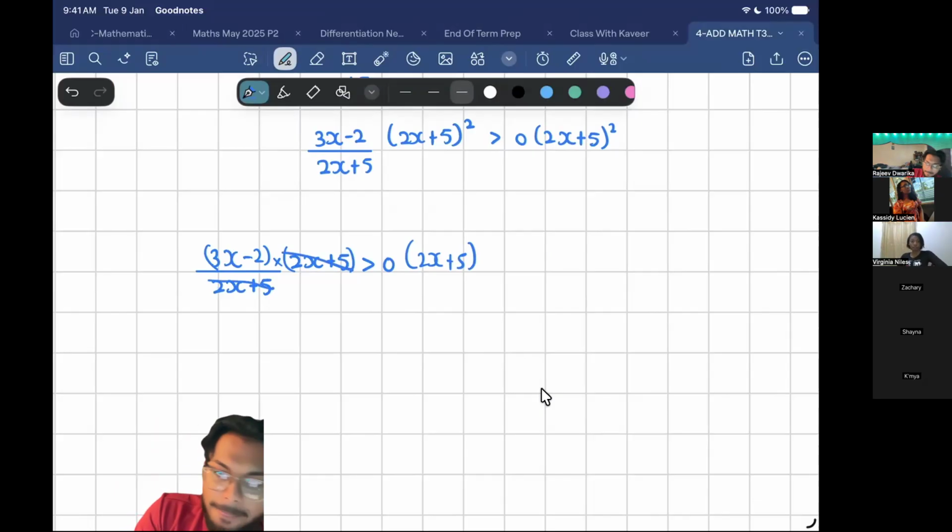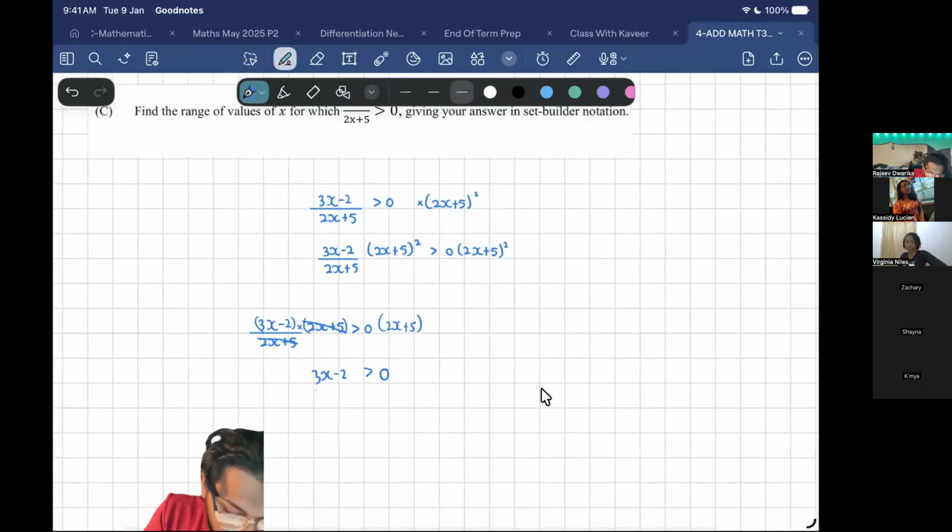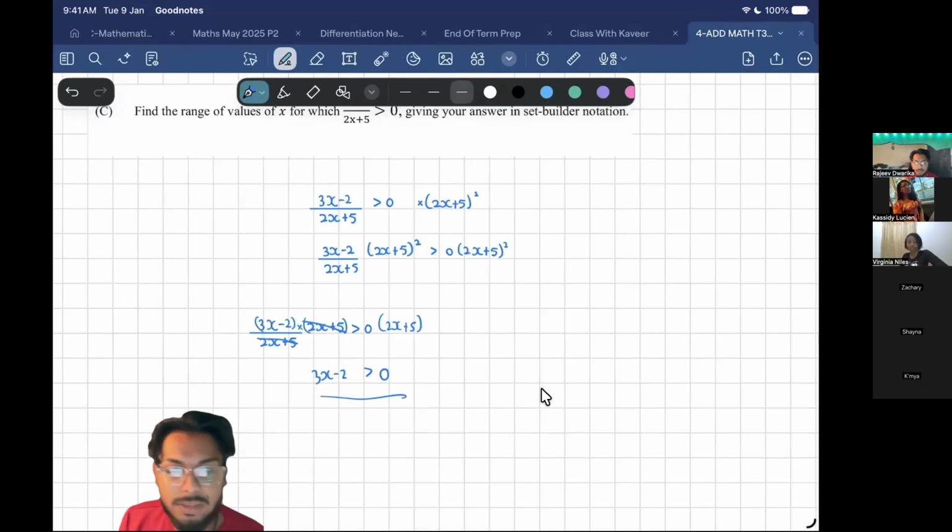Did you end up with a quadratic? No, because the 2x + 5 in the bottom and the 2x + 5 you're multiplying by cancel. So you just end up with 3x - 2, and 0 times 2x + 5 is 0. Notice, didn't the 2x + 5 completely vanish?